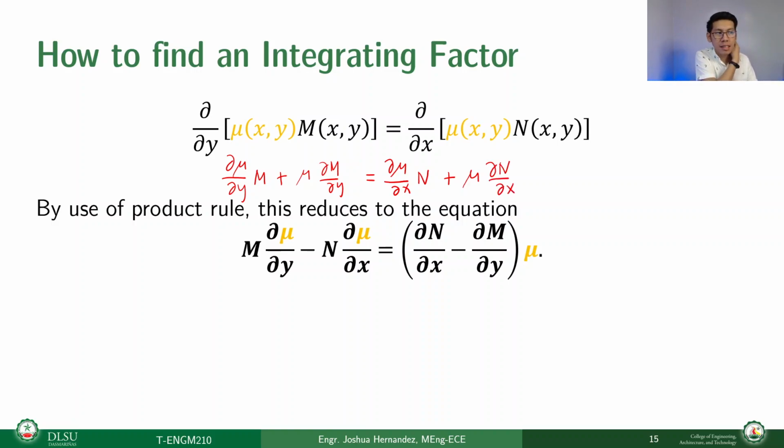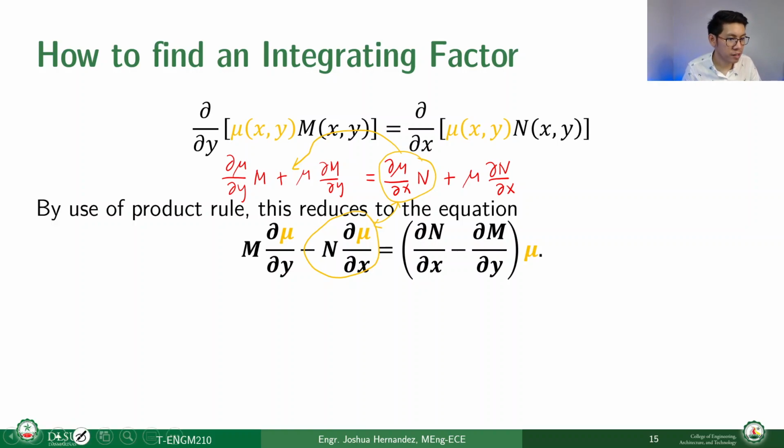Now, if we take this whole part, the part with mu, and transpose it to the other side, we will have the negative of this part. This is it.